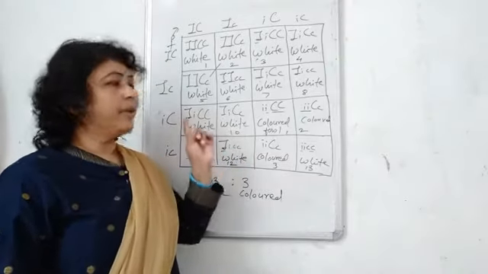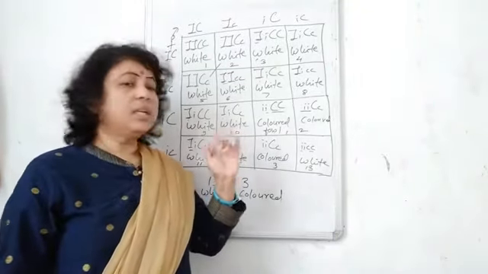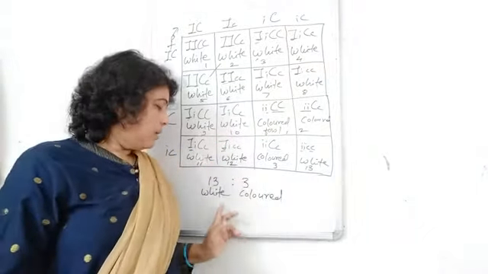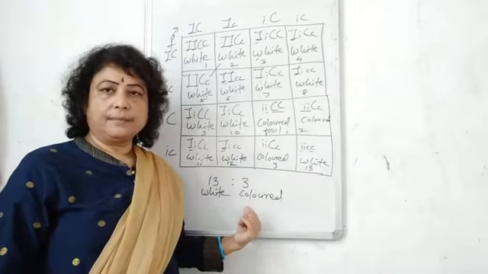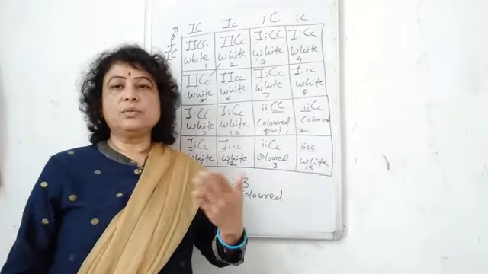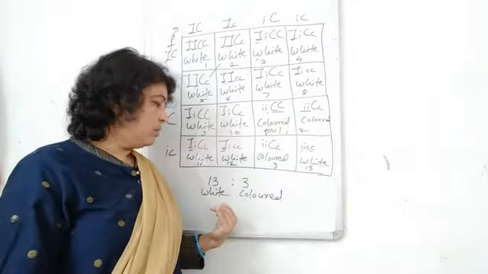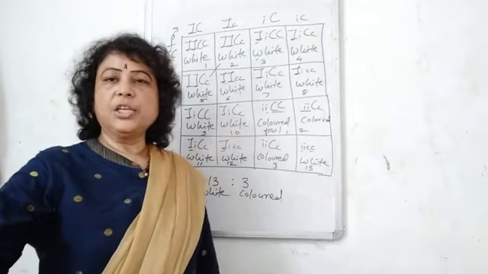Therefore wherever the I is in dominant condition, it inhibits the color formation. So 13 were white and 3 were colored. The 9:3:3:1 ratio completely changes into 13:3. So Mendel's ratio here is completely changed.